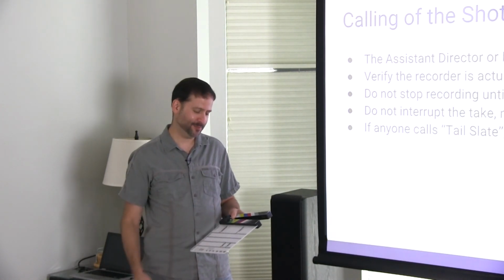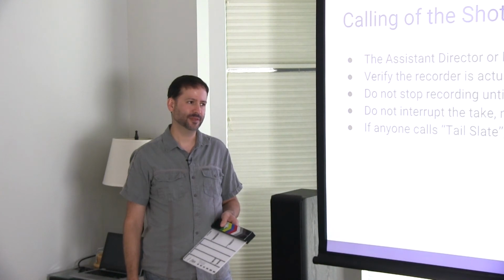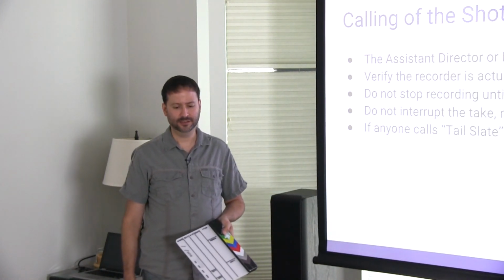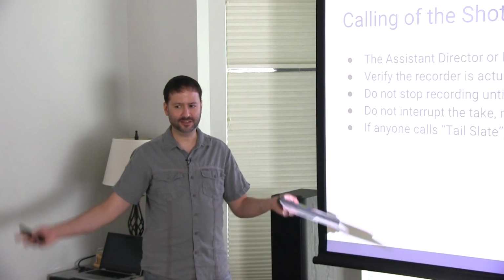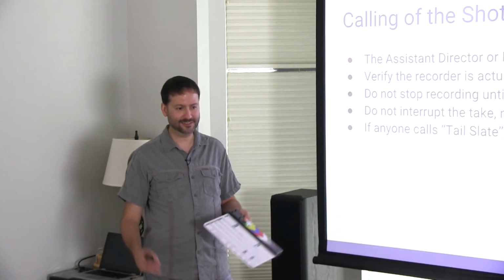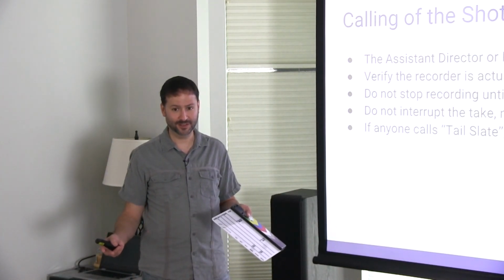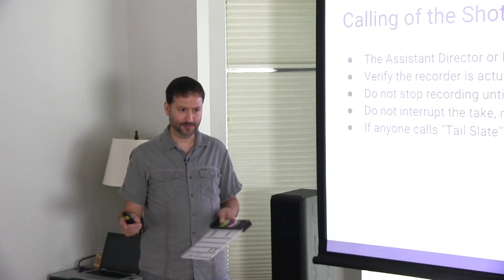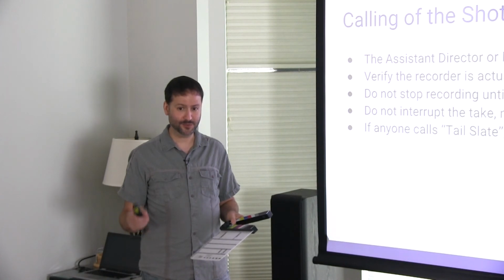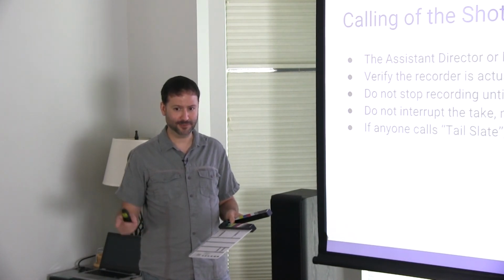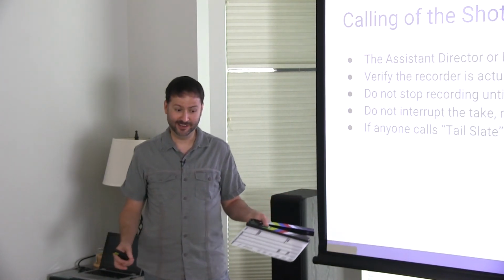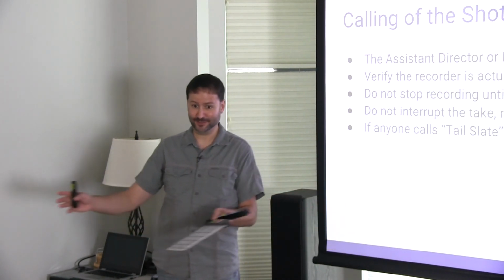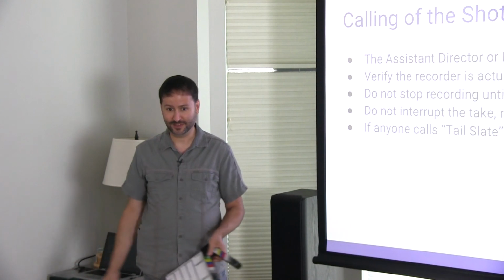But okay, so that's a valid point. I think the real point that I'm trying to make here is that there's a lot of people on the set who can easily notice that something went wrong, and the director probably noticed it too, but there are good reasons why you might want to keep going. One might be that there was a car door in this part of the take, but you might still be able to use the second part of the take.